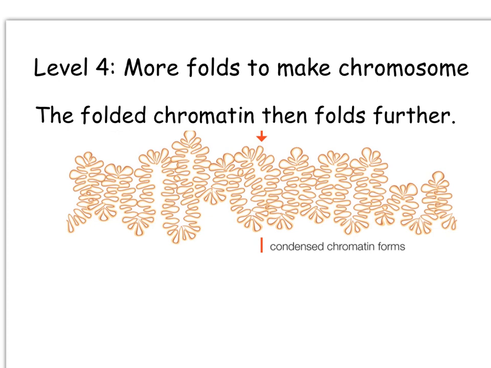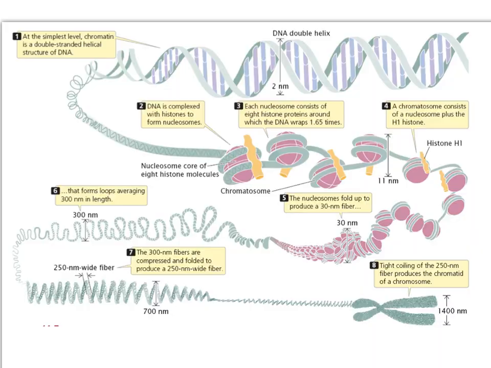And what happens next is that these looped fibres, like this, then form themselves into further loops. And this then forms a tightly coiled chromosome. So we'll have a look at this all in an overview in the next slide.